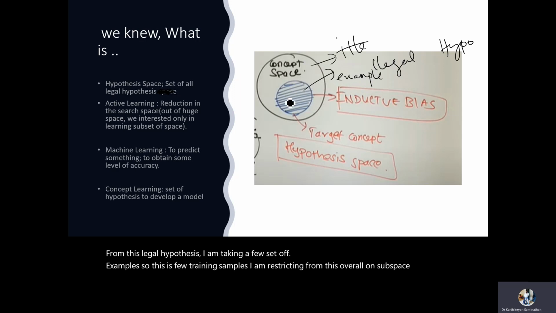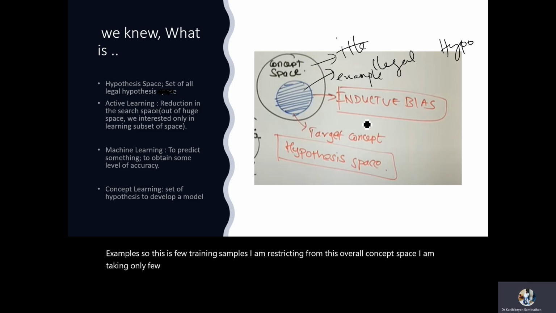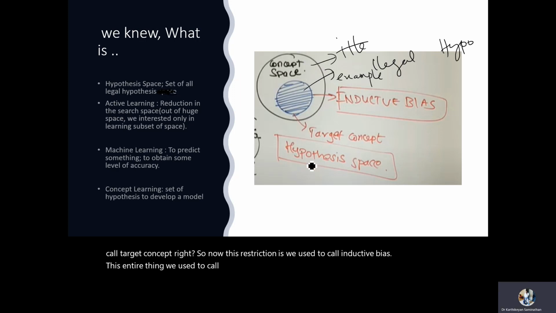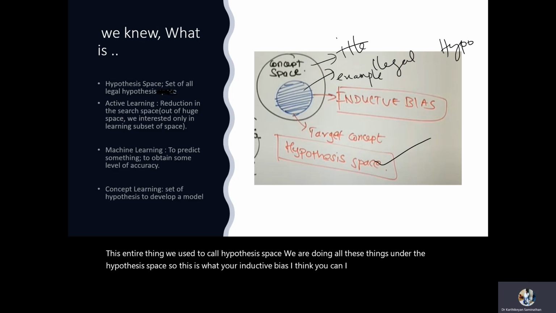I am taking only a few samples for my training. That few samples we used to call the target concept, right? So this restriction we used to call inductive bias. This entire thing we used to call the hypothesis space. We are doing all these things under the hypothesis space. So this is your inductive bias, I think you are able to understand now.